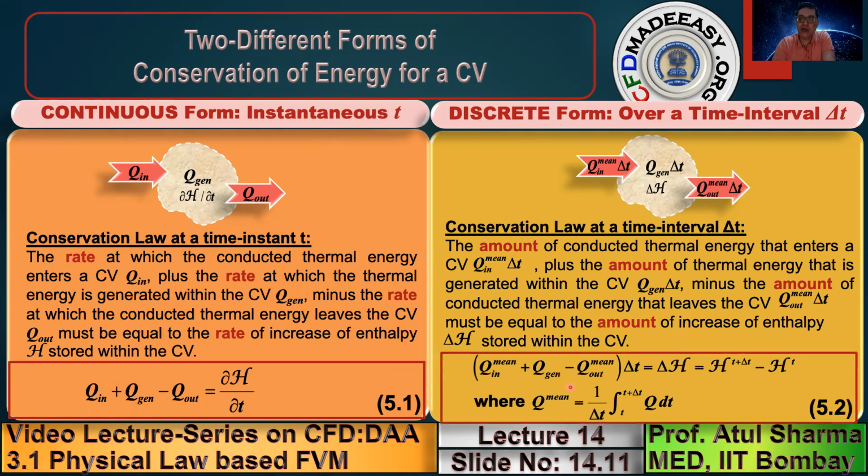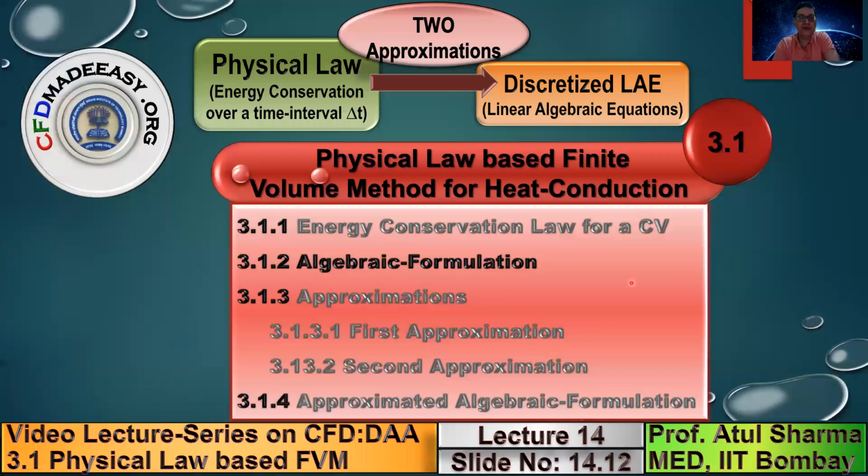This leads to a mathematical formulation as shown here, where I have mentioned what is meant by mean. So we are expressing the amount by a one-time instant value of the rate of heat transfer, which is going in and out here. Now, I started with the energy conservation law, and now I'll show you the algebraic formulations.